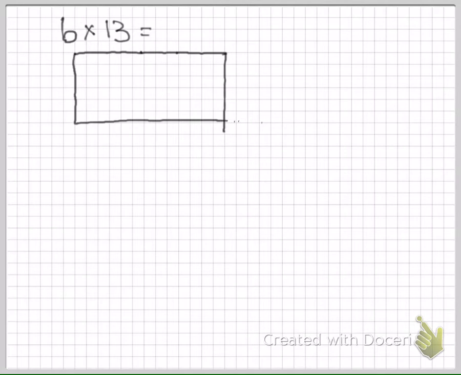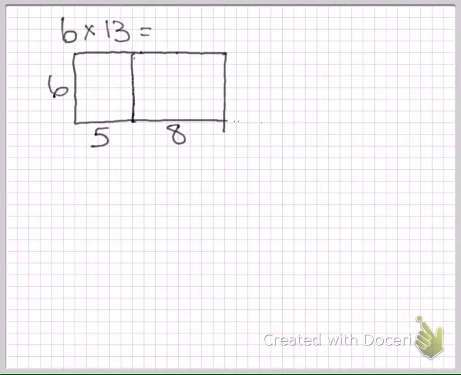So I'm going to split this into 8 and 5. 1, 2, 3, 4, 5. Okay, I've now made 2 boxes. This box is 6 by 5, and this box is 6 by 8.